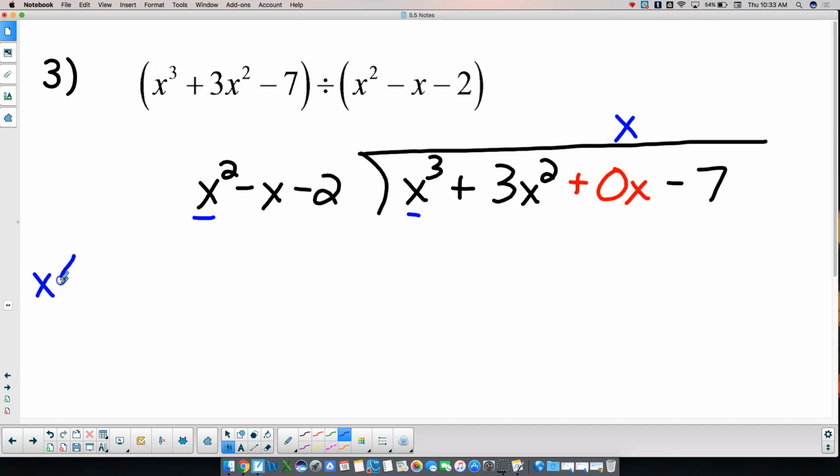Still multiply that by my outside value, and still write it underneath.